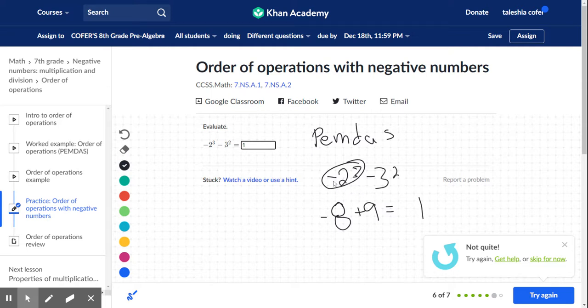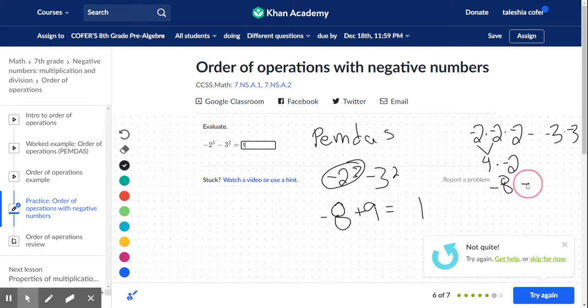Let's see. Negative 2. Let me just make sure I write this out. Negative 2 times negative 2 times negative 2 minus 3, or negative 3 times negative 3. Negative 2 times negative 2 is a positive 4, but I still have to multiply by another negative 2, which would give me a negative 8.